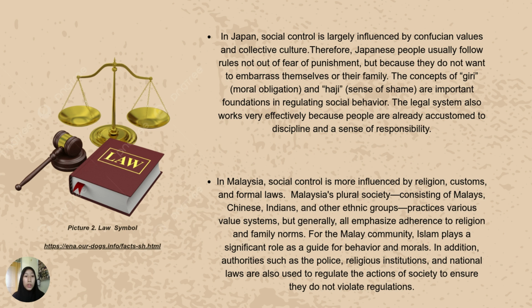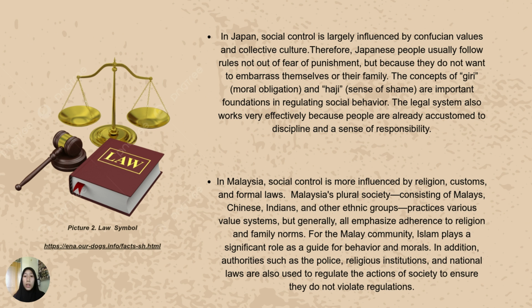For the example, I take the differences in law between Japan and Malaysia. For Japan, the social control is largely influenced by Confucian values and collective culture. Therefore, Japanese people usually follow rules not out of fear of punishment, but because they don't want to embarrass themselves or their family.